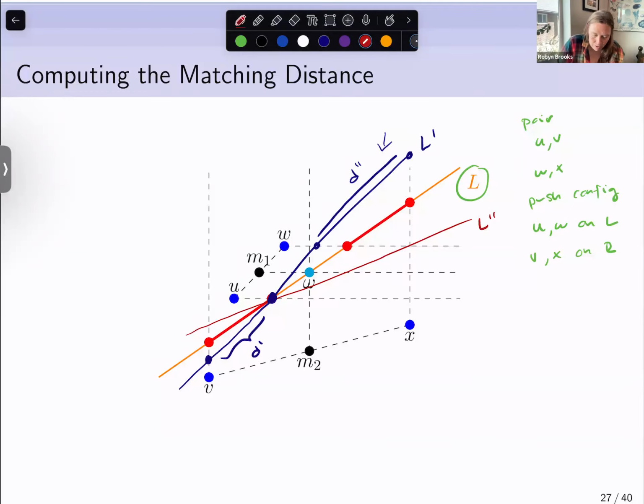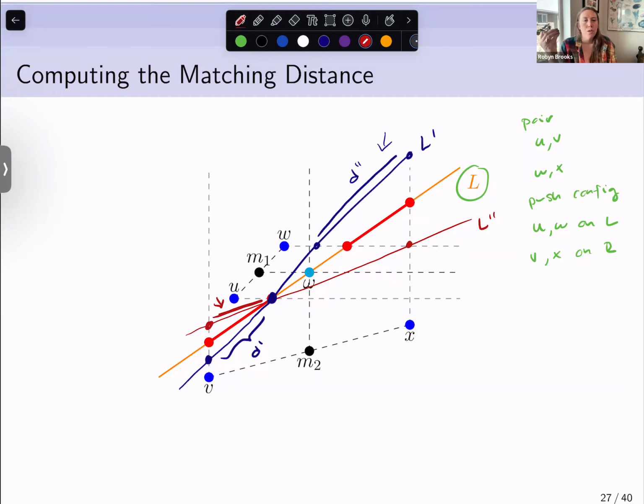And if I look at this other line, this is now the cost of matching U and V, and actually W and X push to the same points, so the cost of matching them is 0. So matching U and V is no longer the optimal thing to do on this line. Or maybe better said, the matching which matches U and V does not have minimum cost.